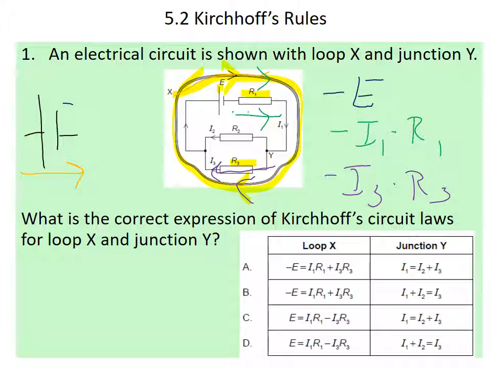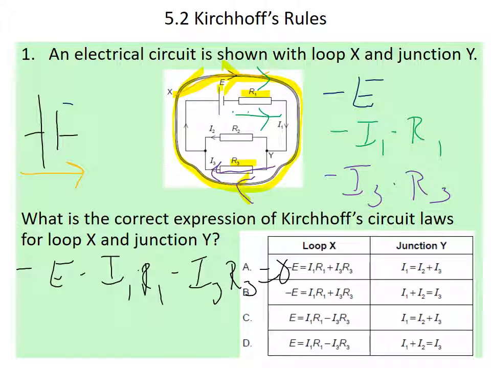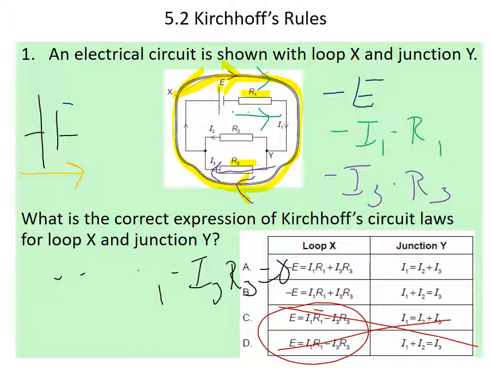Now I make an equation for my loop X: negative E minus I1 R1 minus I3 R3 equals 0. If I add I1 times R1 and I3 times R3 to both sides of the equation, I see that I have to eliminate choices C and D because the signs for these loop equations don't make sense. Next, we finish up with the junction Y.